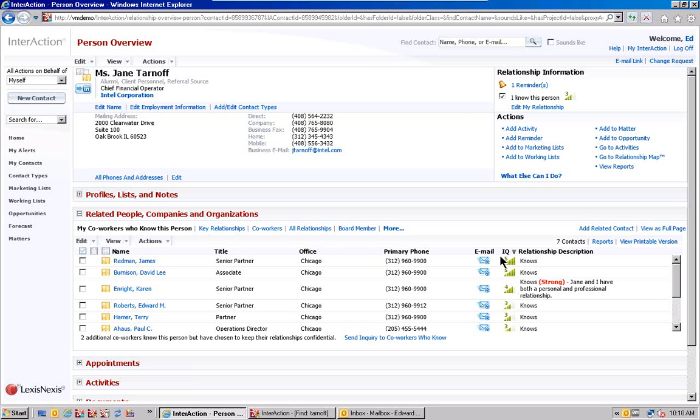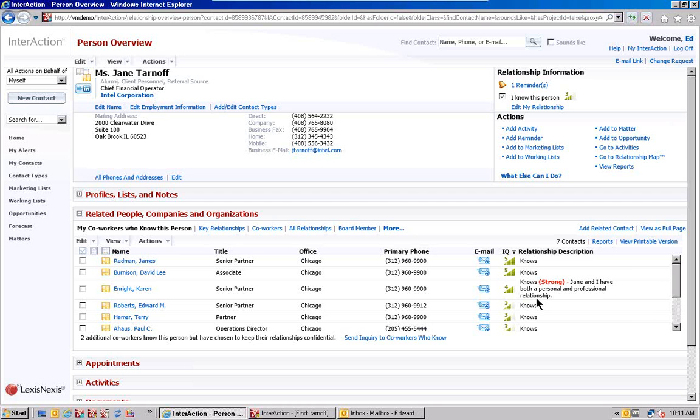So a relationship strength with a contact is determined by the touch points that we talked about. No additional effort is required by the professional. But both the relationship strength and the calculated strength are important to me as a user to provide that 360-degree view of the person's relationship with the contact. So for example, if I have a relative who's a CEO at a top client, because I very rarely email my relative, the InterAction IQ score is going to be a low calculated relationship score for that person.